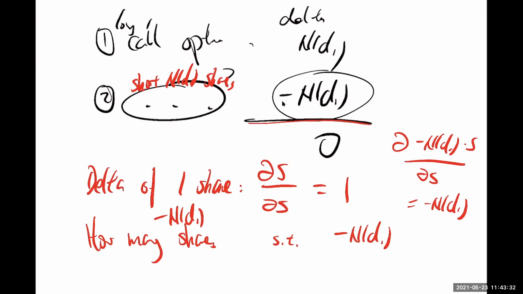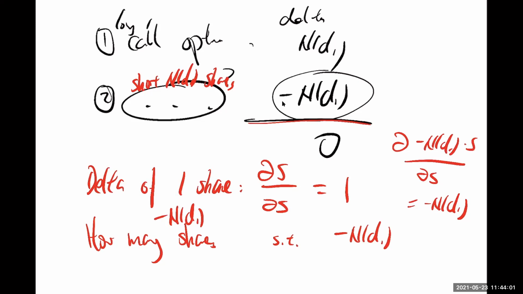That is the principle: I'm trying to create a delta neutral portfolio. I have an exposure to delta because of the call option, N(d1). The number may change depending on what S0 is. So I want to short N(d1) shares at time 0 to create a delta neutral position.